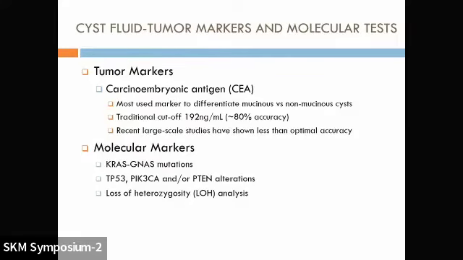The most promising ones are mutations in KRAS and GNAS genes, since these are the two genes which are most commonly mutated in cystic neoplasms. There have been panels that have included other genes such as P53, PIK3CA, and PTEN alterations. However, these alterations are far less common than KRAS and GNAS mutations.